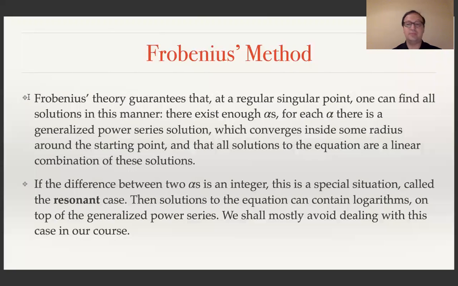Now, Frobenius' theory guarantees that if we find all the values of alpha, then for each alpha, there is a generalized power series solution. And these solutions together span all the solutions to the equation. So all solutions to the equation are a linear combination of these solutions, one solution corresponding to each alpha.